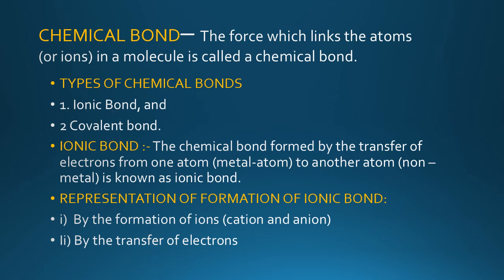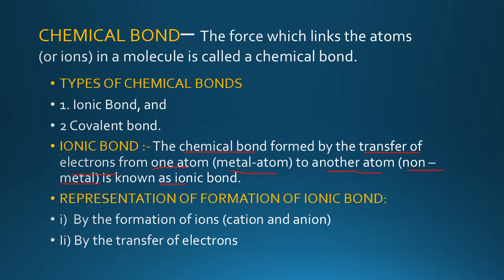The ionic bond. Ionic bonds are the chemical bonds formed by the transfer of electrons from one atom, that is the metal atom, to another atom, that is the non-metal atom.